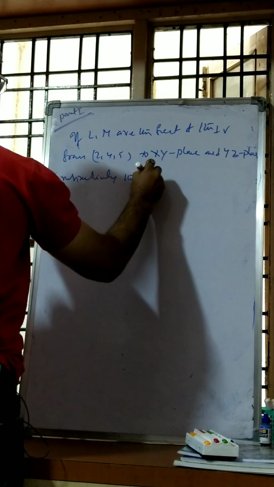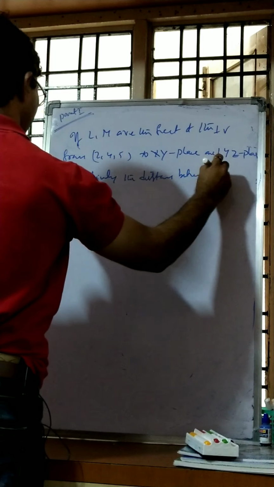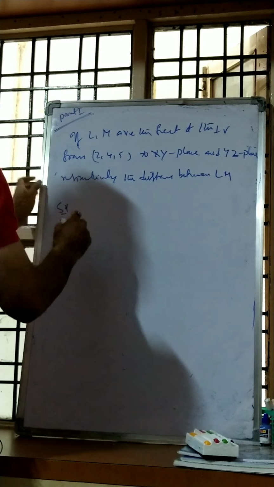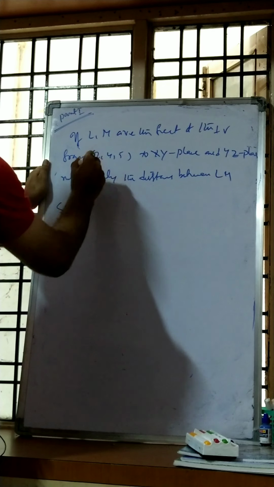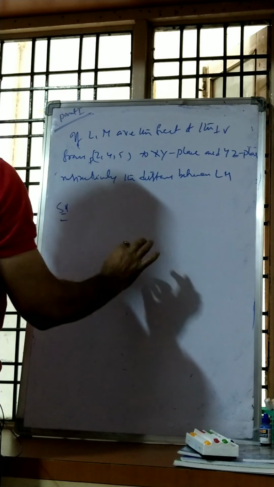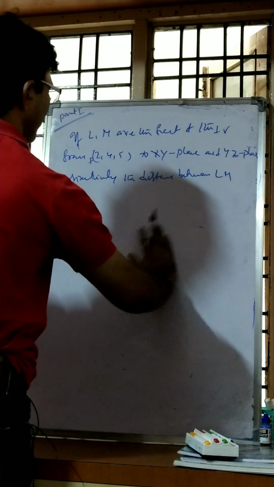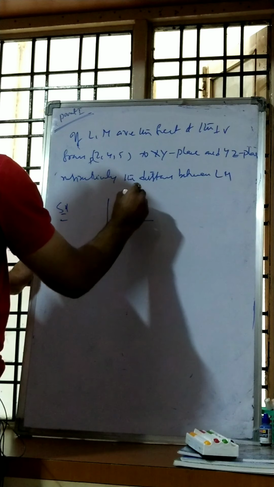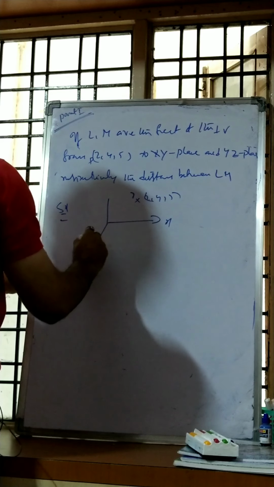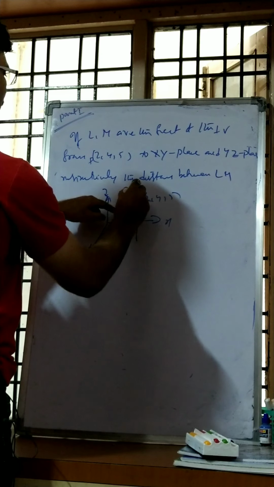Then find the distance between L and M, he said. So very clear. This is P, the foot of the perpendicular. In the XY plane, Z is not there. If it is the XY plane, I would like to draw. This is 2, 4, 5. If it is P, X axis, Y axis, Z axis, you see here, this is P.